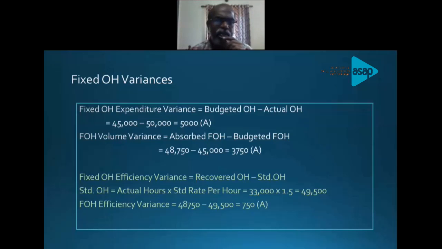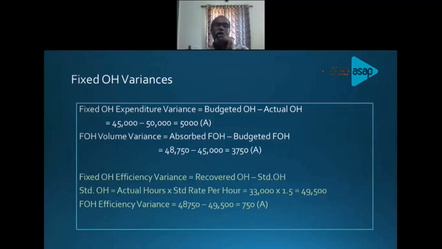The figure was readily available in the previous slide. 48,750 was the absorbed fixed overhead, and budgeted overhead is 45,000. So the difference is 3,750.